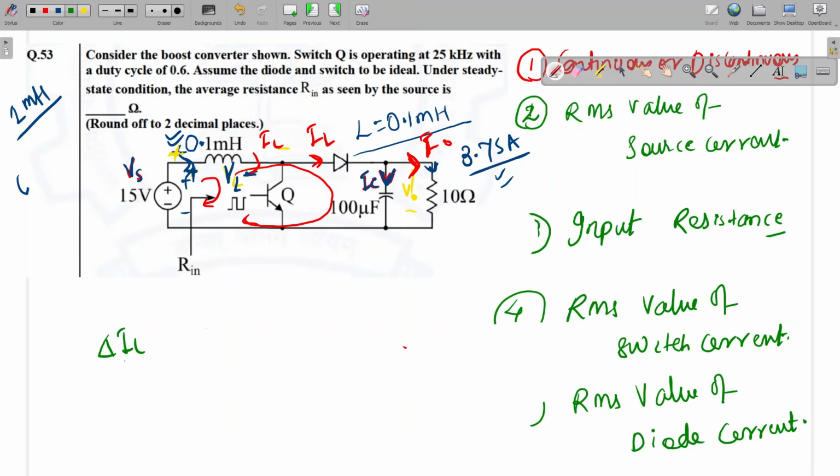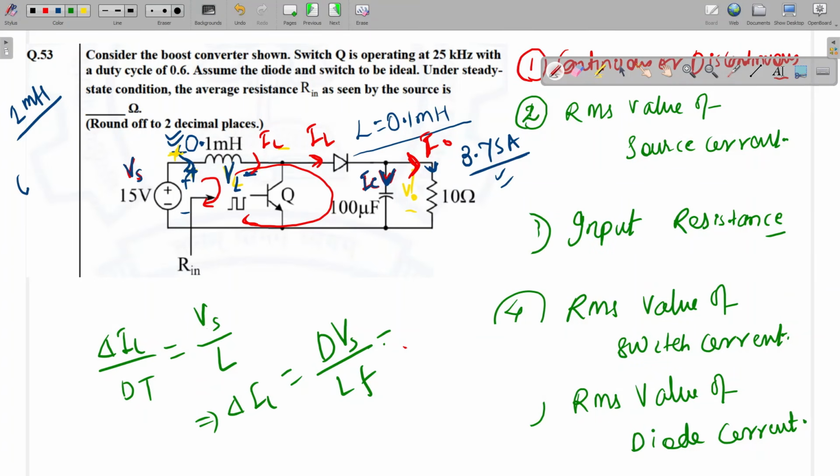Delta IL divided by dt is equal to Vs by L, so delta IL is equal to dVs by LF. D is 0.6, Vs is 15, divided by L into F. The L value is 0.1 millihenry into 25.